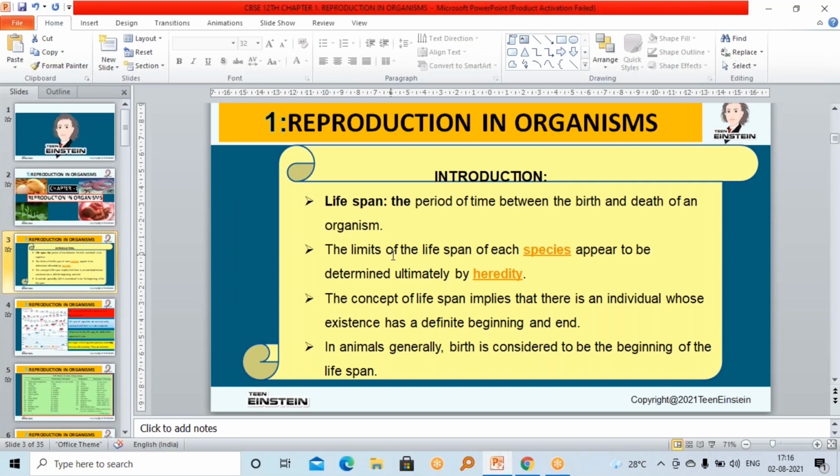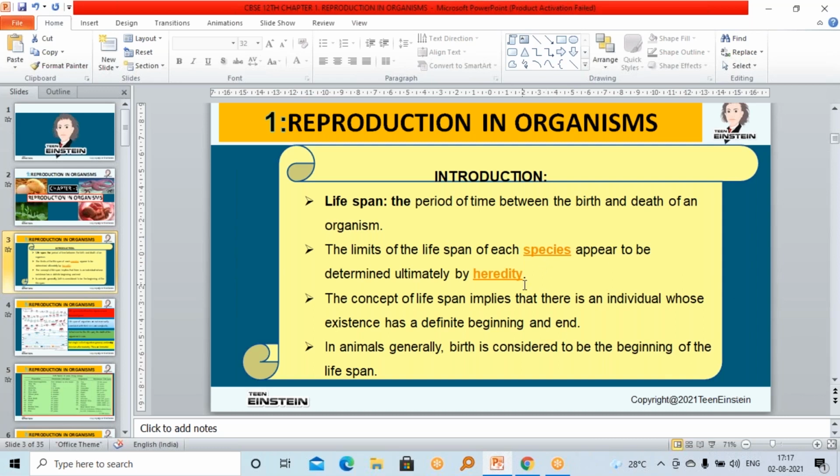Can anyone tell? It means an individual whose existence has a definite beginning and a proper ending for the life of an individual organism. All organisms have a particular beginning and ending. So the concept of lifespan means an individual whose existence has a definite beginning and ending, an exact starting point and end point for the life of an individual organism. That is called lifespan.